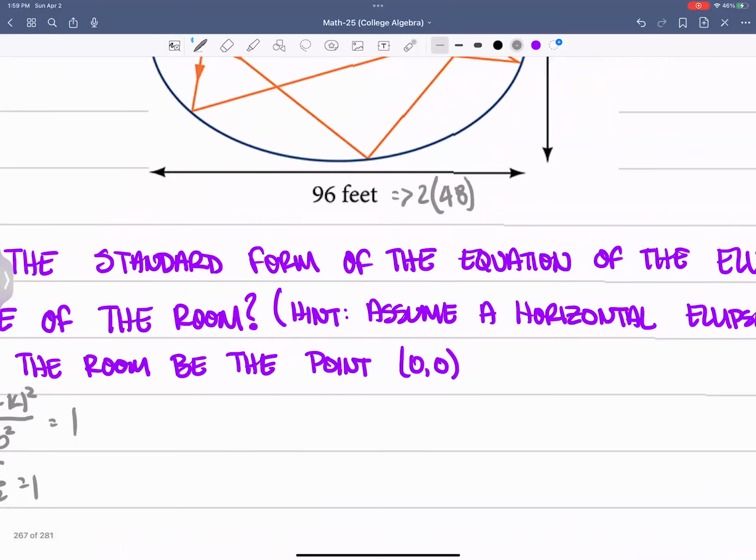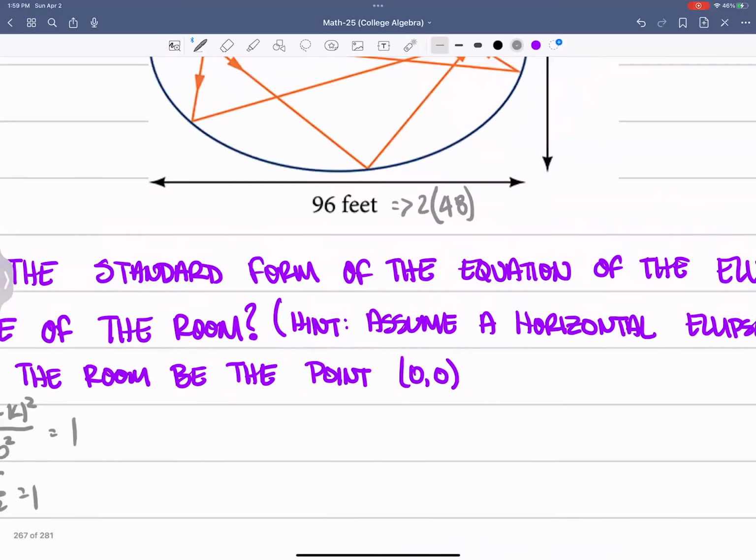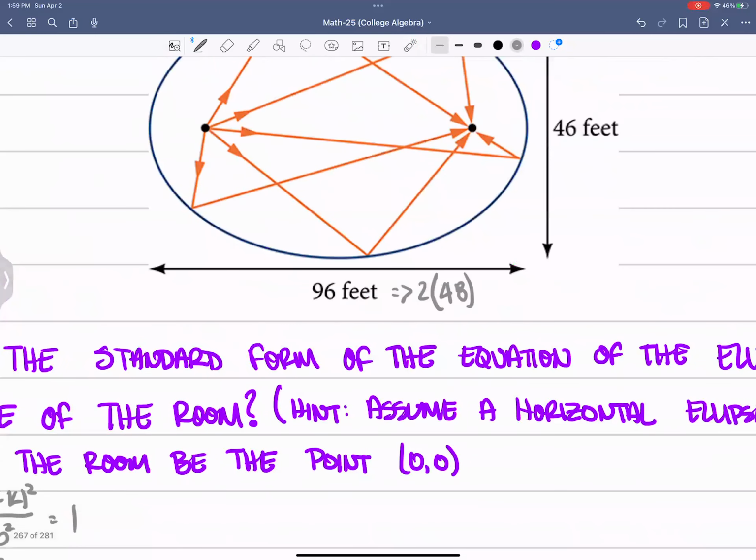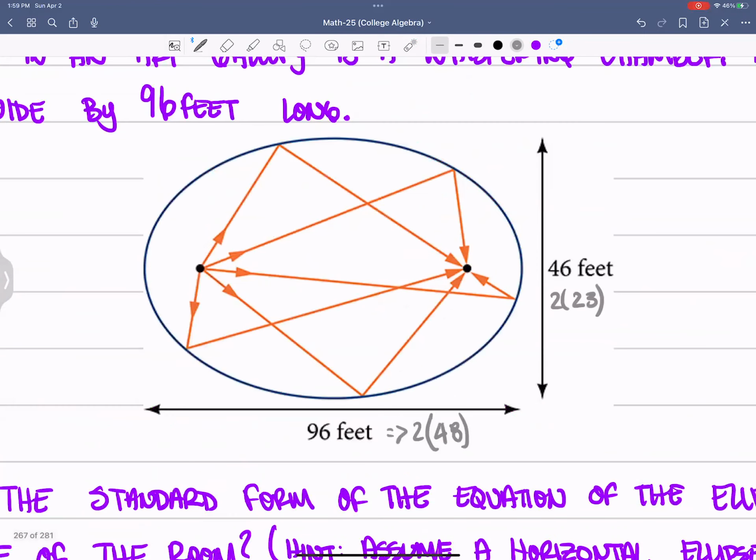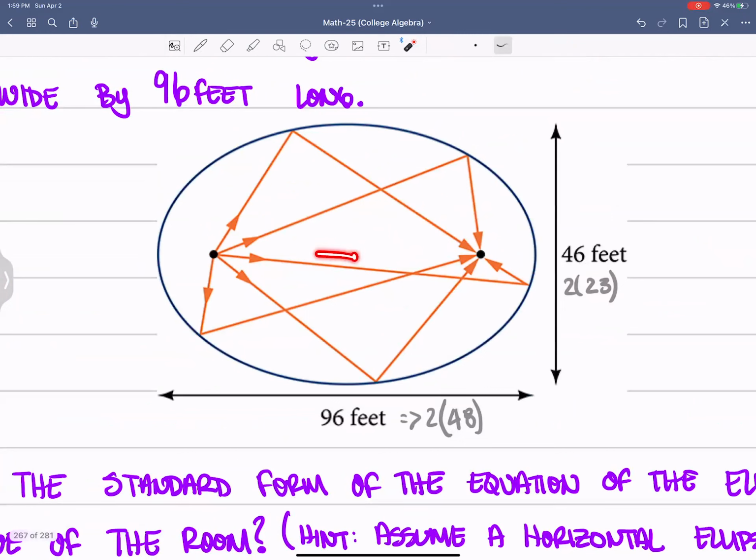So 48 feet from the center, and let's do the same thing over here. That's 2 times 23. All right, so from the center, we go out 48 units here, 48 units here, 23 units here, 23 units here.